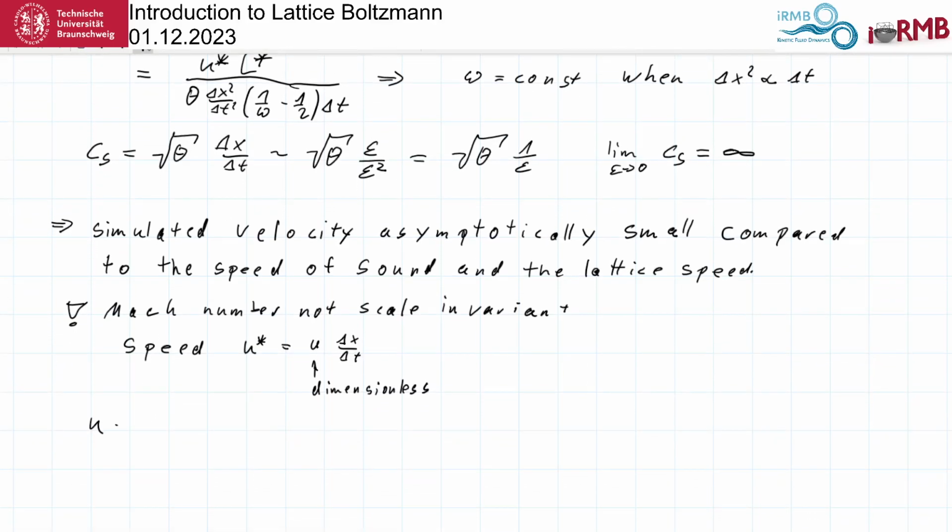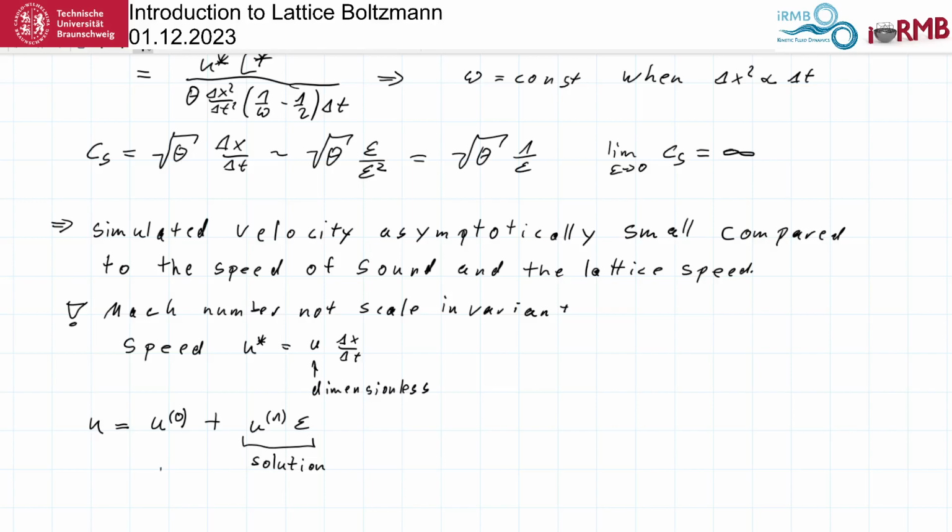Our solution now has a constant part, which is actually not the solution, but the solution is the first order part. So this is our solution. Why? Because the velocity itself becomes smaller with the grid spacing, with the smallness parameter, right?